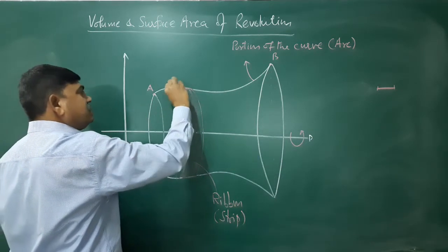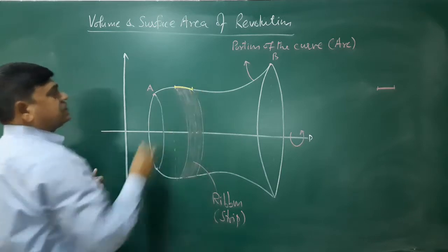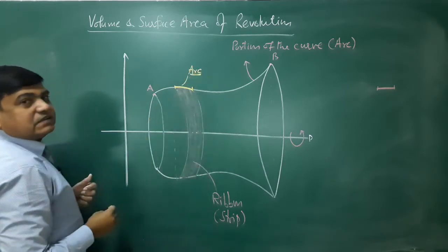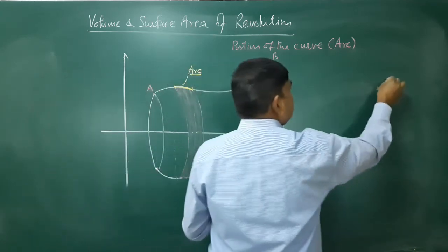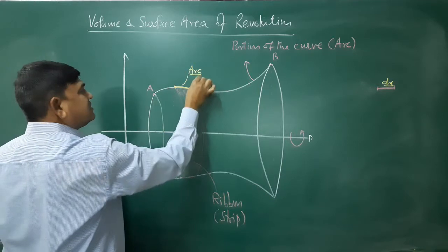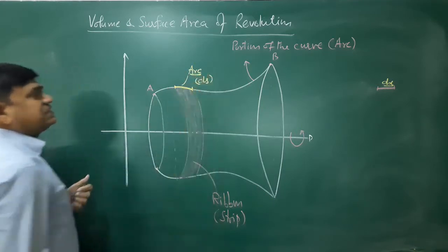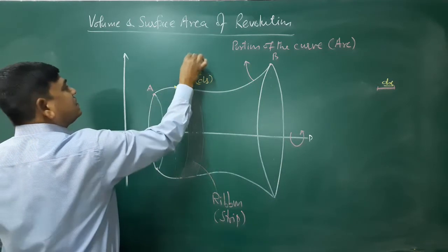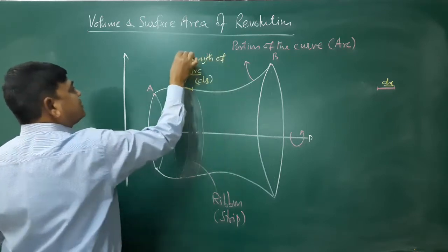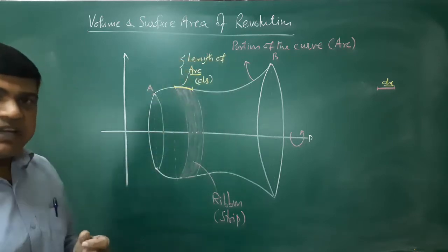This is the curved part. Arc. This was dx. Here this is ds. Length of arc. चाप की लंबाई.